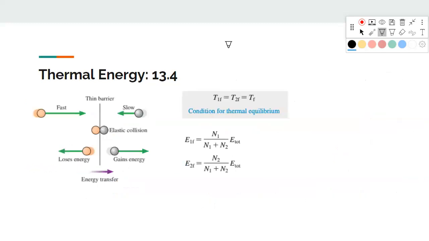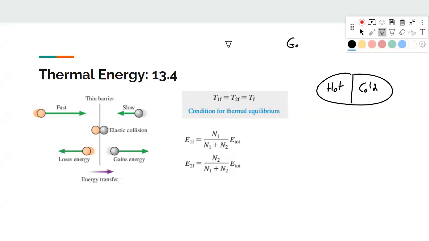Now we've talked about thermal equilibrium quite a bit, but we haven't really gone into detail on how to calculate the energies involved in systems placed in thermal equilibrium. So what you can imagine is if you have a hot region and a cold region, that they each have some thermal energy associated with them.